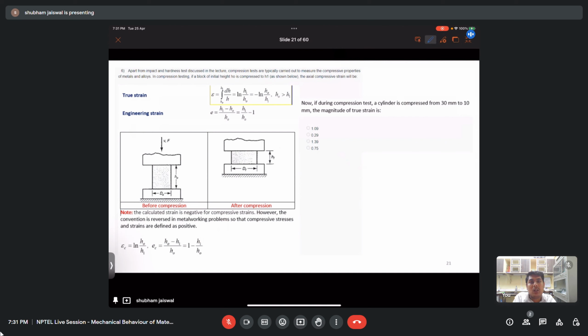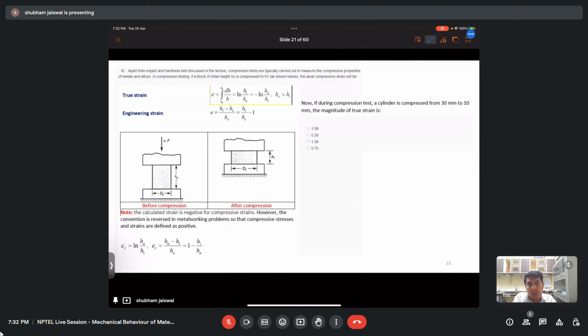Then the axial compression strain is given by epsilon equal to the integral of dh by h with limits h0 to h1. This is the true strain. For engineering strain, we have e equal to h1 upon h0 minus 1.